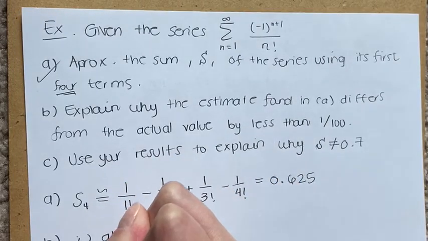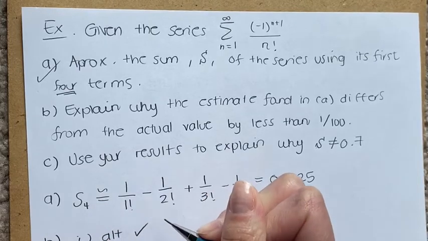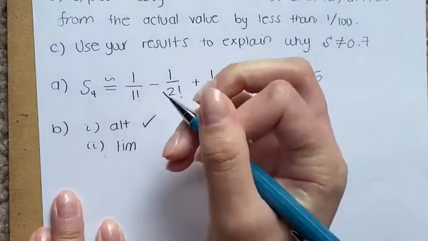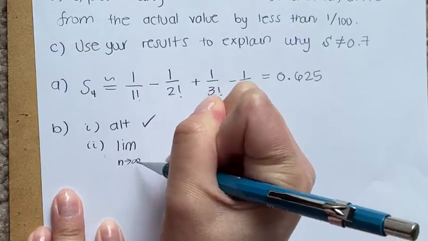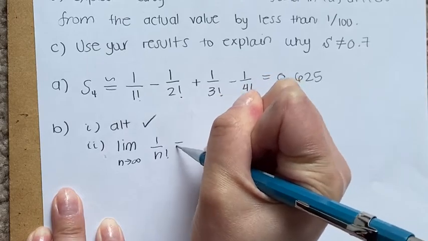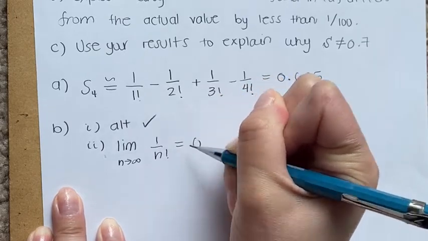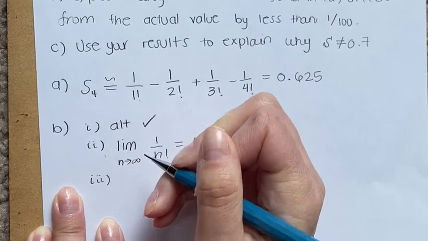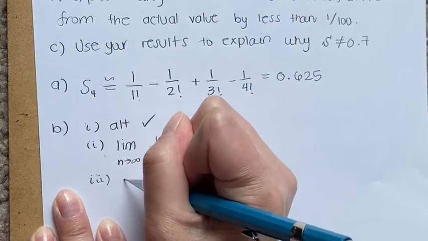Then the second condition is the limit as n goes to infinity of 1 over n factorial. We know that this goes to 0 because n factorial is getting humongous. And the third condition is that it decreases in magnitude.